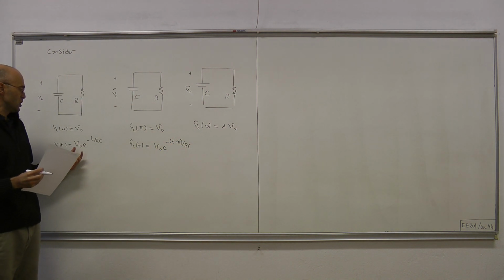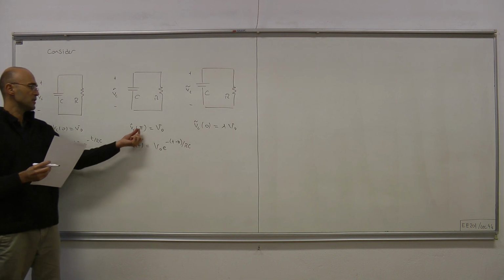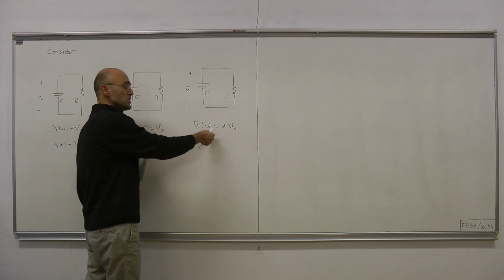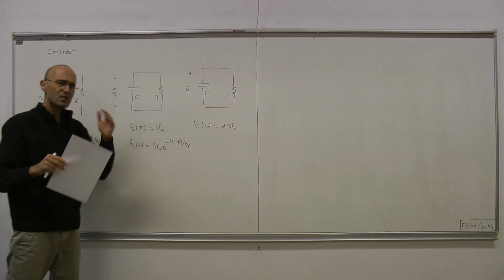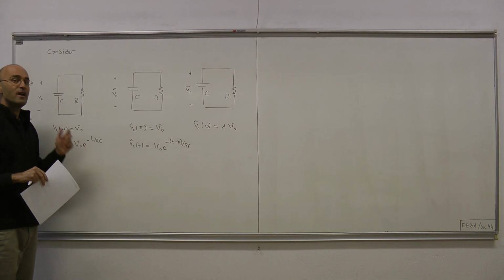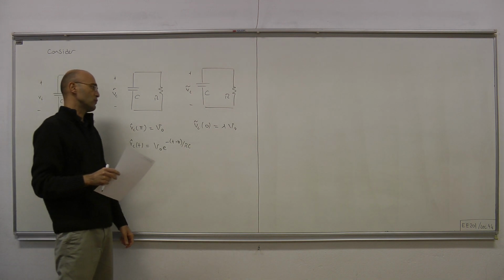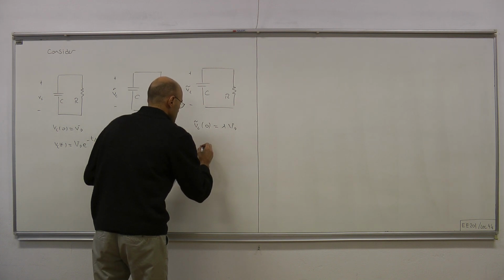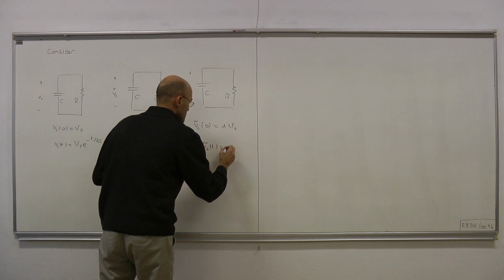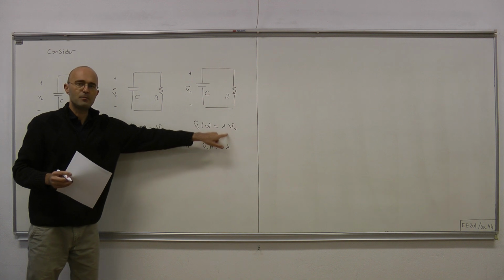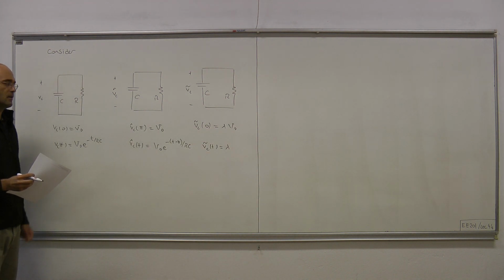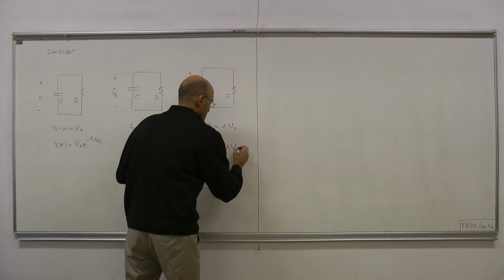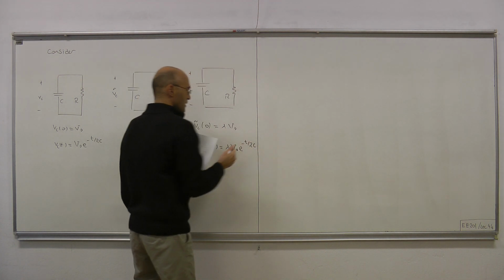This is the shifted version of the first experiment, because the initial time is shifted. As for this one, the initial time stays the same, but the initial condition is scaled. Therefore, you have to scale the solution. So VC tilde of t equals lambda times the solution that you obtained for the first case, V0 e to the minus t over RC.